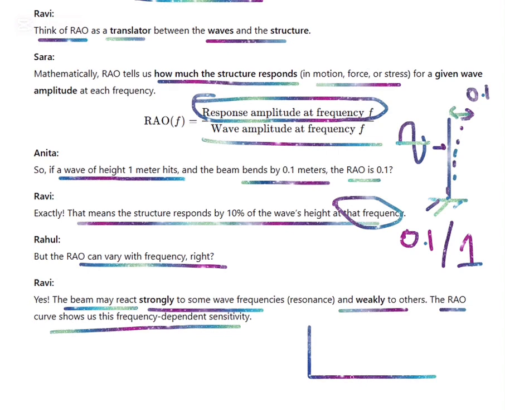Suppose at some frequency it is 0.1 only, and at some frequency it goes to 0.2, 0.3, something like that. At that particular frequency the structure responds quite strongly. That is the resonant condition. So RAO gives us the frequency-dependent response, with the response on the y-axis and frequency on the x-axis.